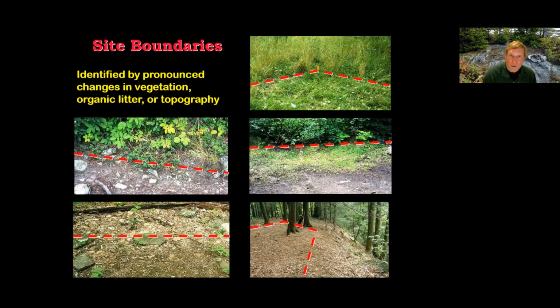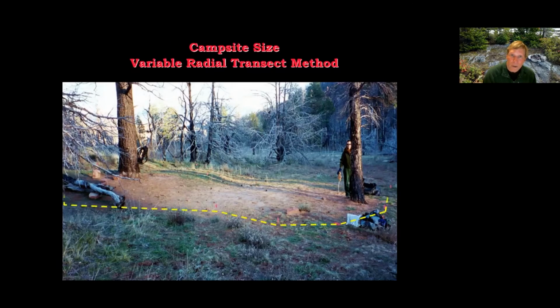And in really dense forests, it could be something like pulverized organic litter versus more pristine organic litter. And so these boundaries are judgmental. It's not really like, say, dissolved oxygen in a water quality protocol, where you simply throw a sensor into the water and it gives you dissolved oxygen to the nearest hundredth of a decimal.